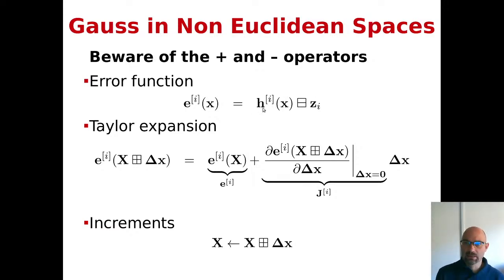Remember that in the definition of chart, this means construct the chart around Zi, evaluate Hi on the chart, like figure out where Hi is on the chart, and then calculate the Euclidean difference on the chart between the origin, which is in Zi, and the projection of Hi through the chart calculated in Zi. This is what this means, and the result of this is Euclidean.